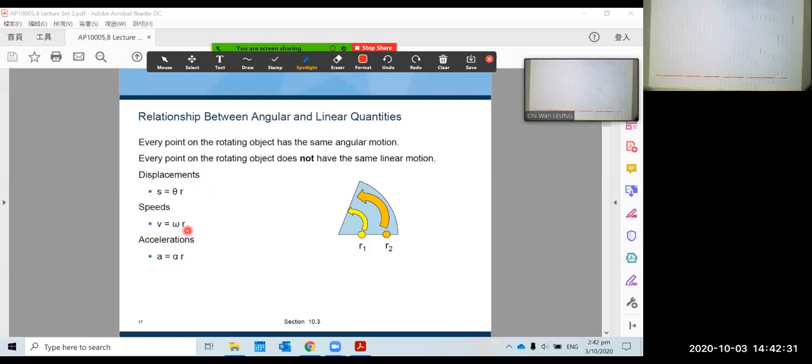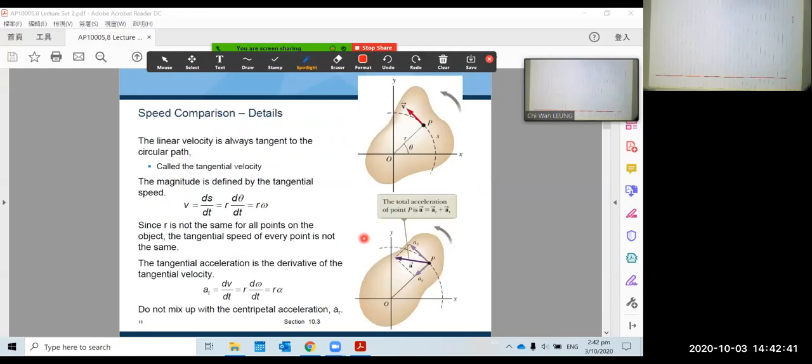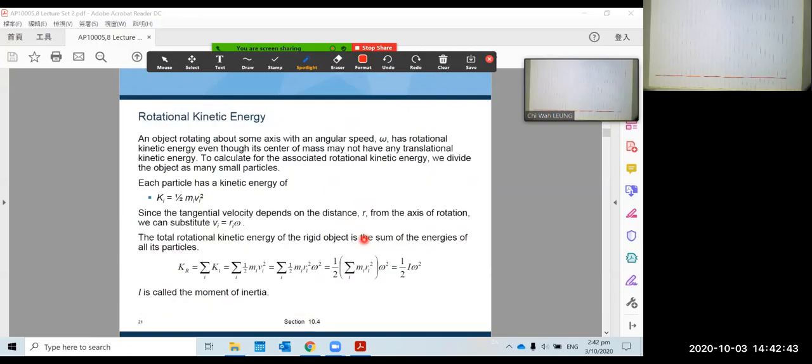And that is proportional to the distance from the radius, proportional to the radius of motion. So we could treat every single particle on the rotating object to be performing a linear motion.